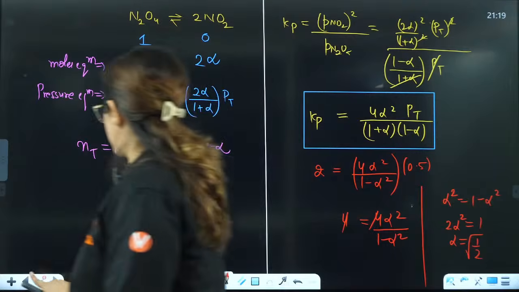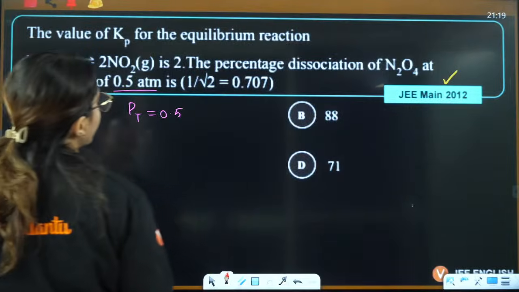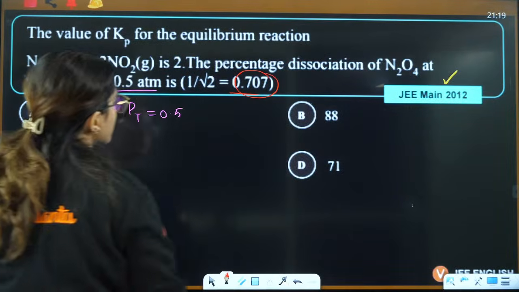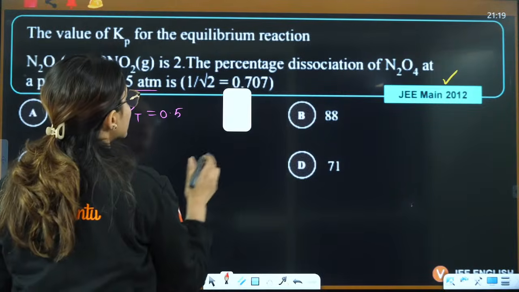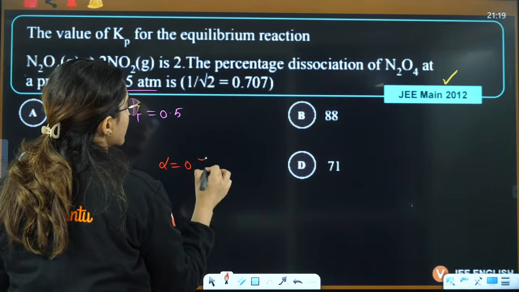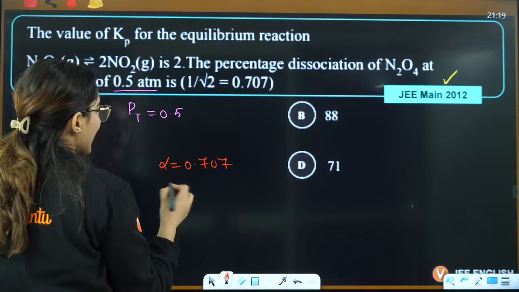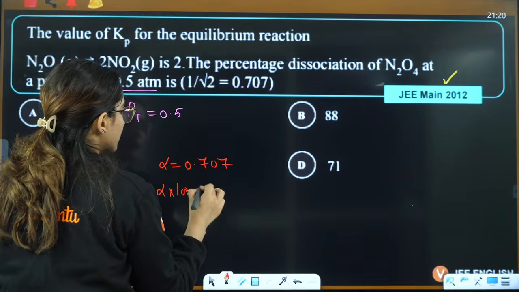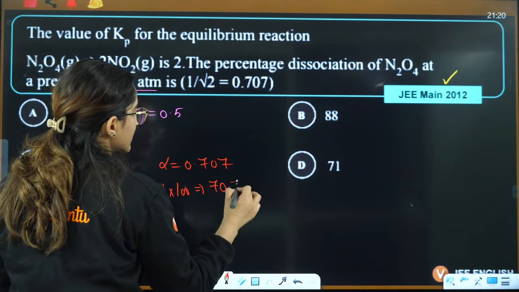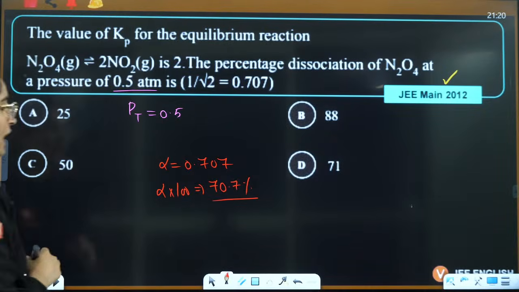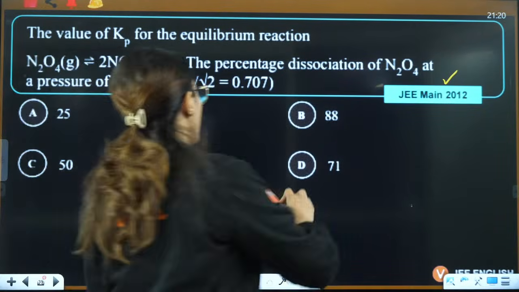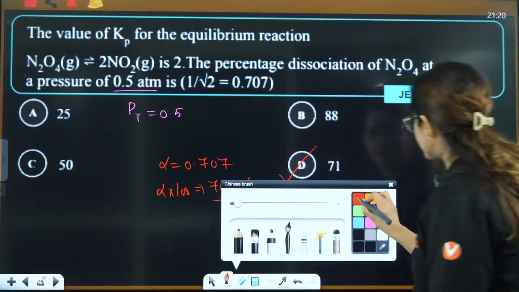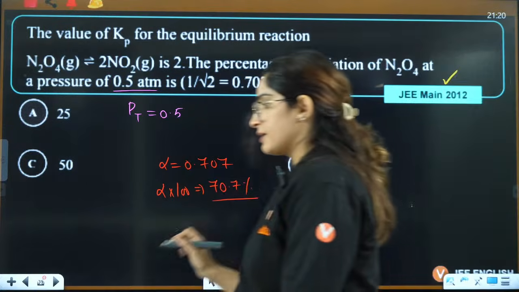The value of under root of 1 by 2 is 0.707. So alpha is coming out to be 0.707. And if you multiply this by 100, that will become 70.7%. That will become 71%. That is, D is the correct answer here.